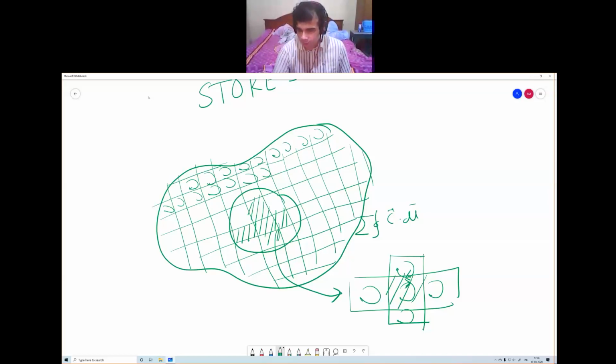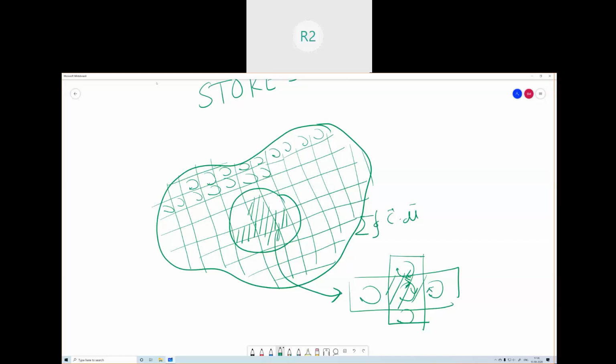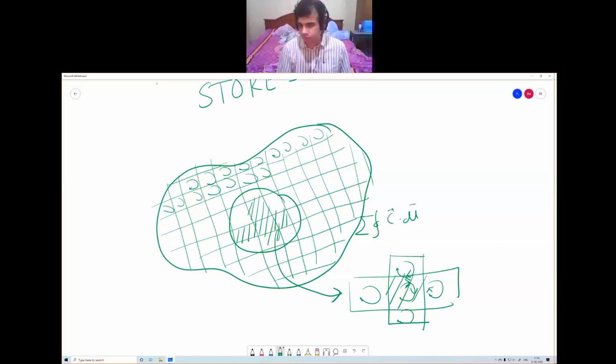Similarly, this and this, they are in the opposite direction. All are anti-clockwise. Sorry, all are clockwise. Therefore, anti-clockwise is the same result. This and this are in the opposite direction, and this are also in the opposite direction, right?